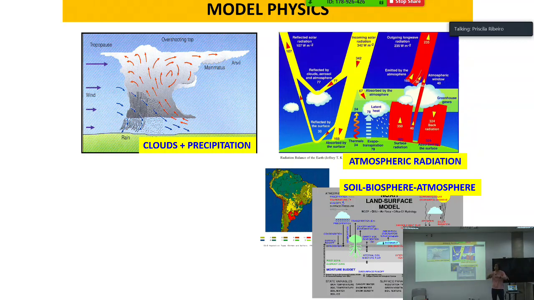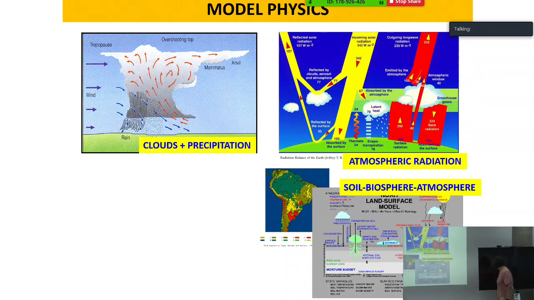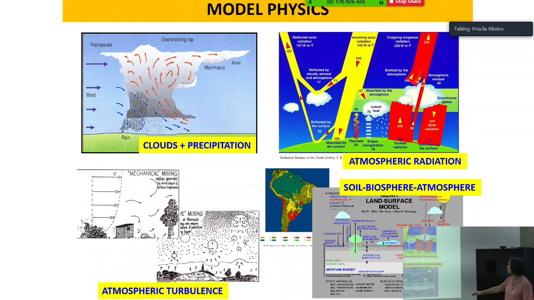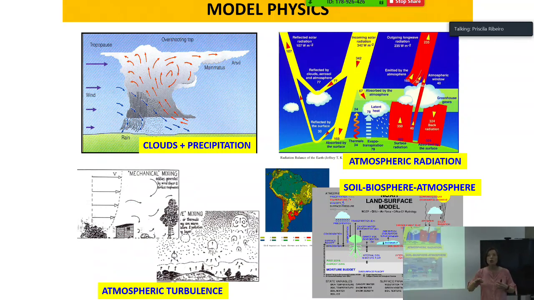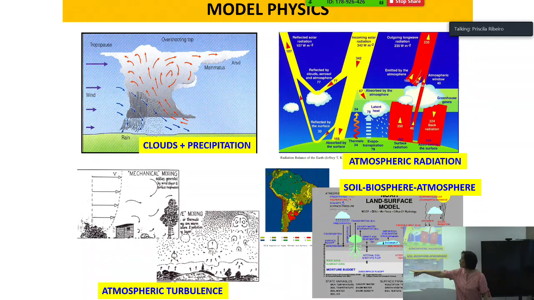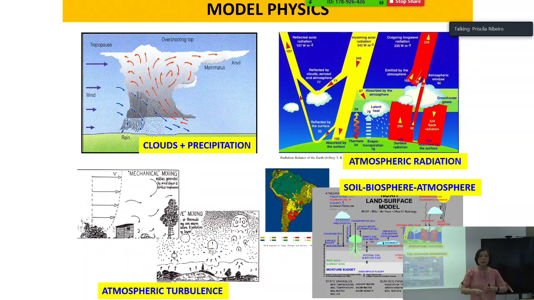So all these energy components are balanced at the surface through what we call soil-biosphere-atmosphere models. And because you have this surface and roughness, you can produce some turbulence, either mechanically or through heating the surface.